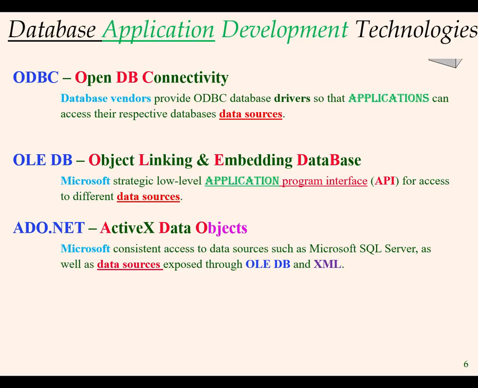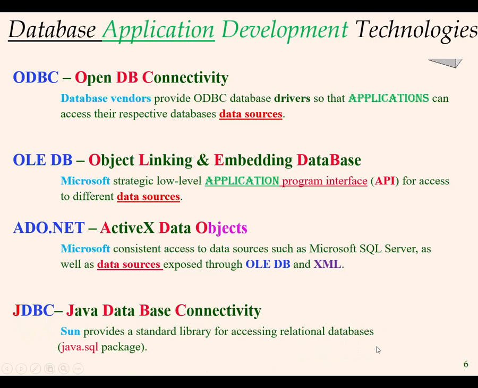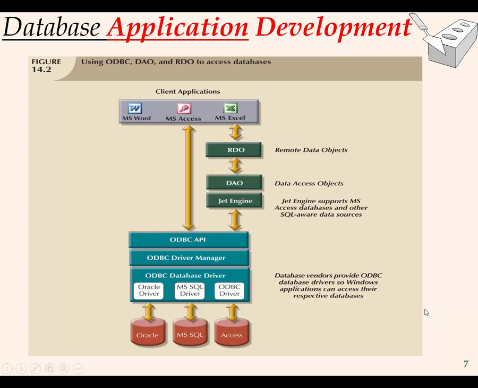ADO.NET is another Microsoft technology, using ActiveX data objects. Some XML. And JDBC is the Java, the Sun API. It's in the package java.sql, and I think it's sort of a standard in how to access the database.